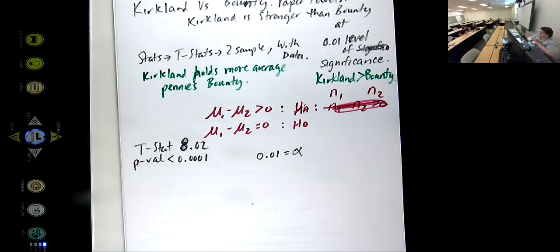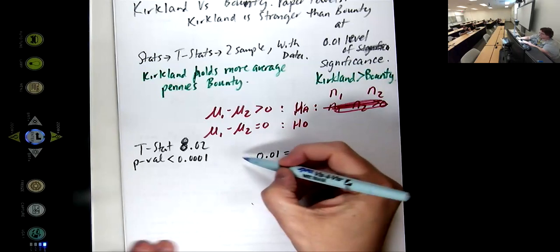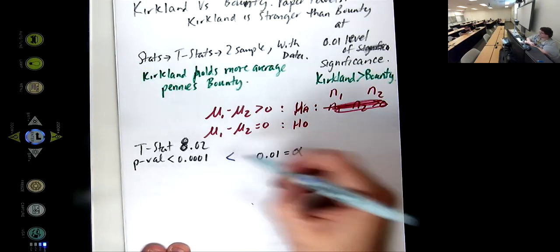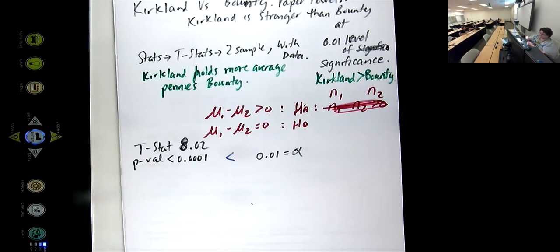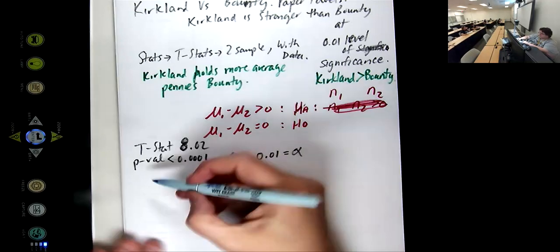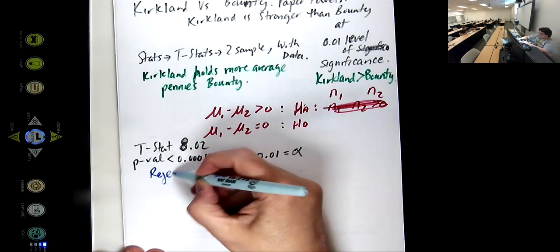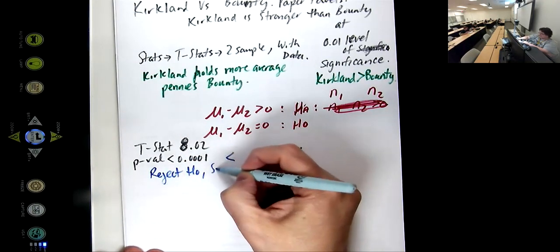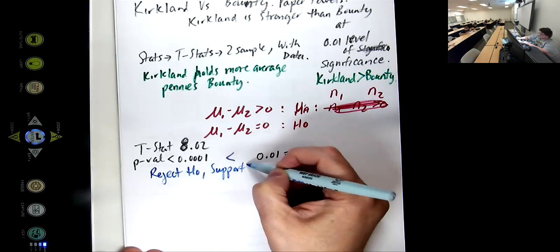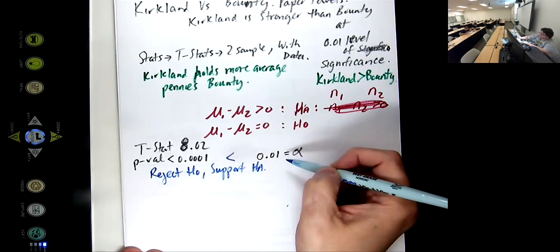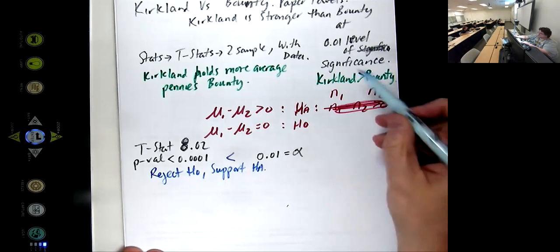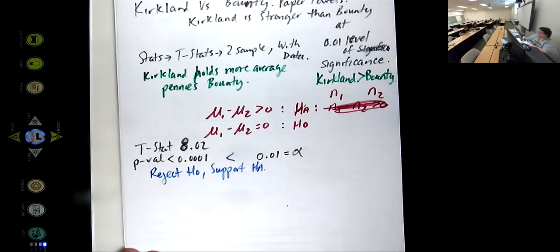It doesn't change this part right here: this is lower than that. And since the p-value is lower than alpha, we reject H0 and support HA. HA was Kirkland is stronger than Bounty.